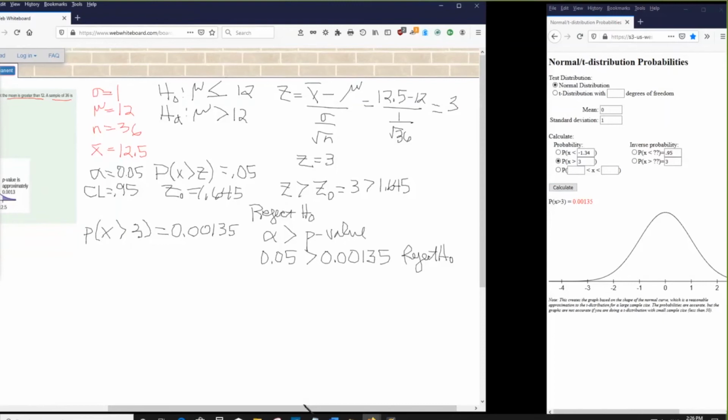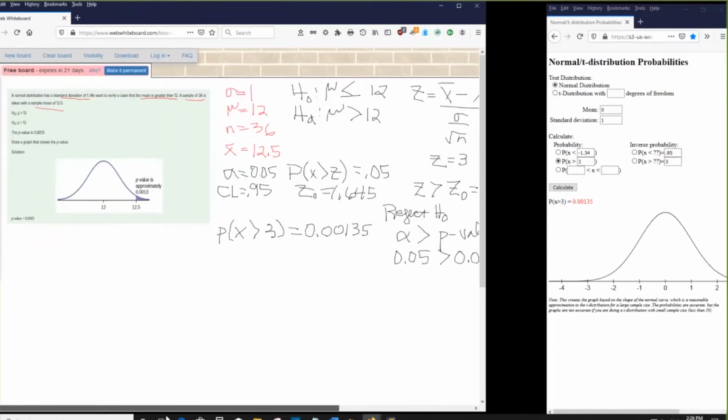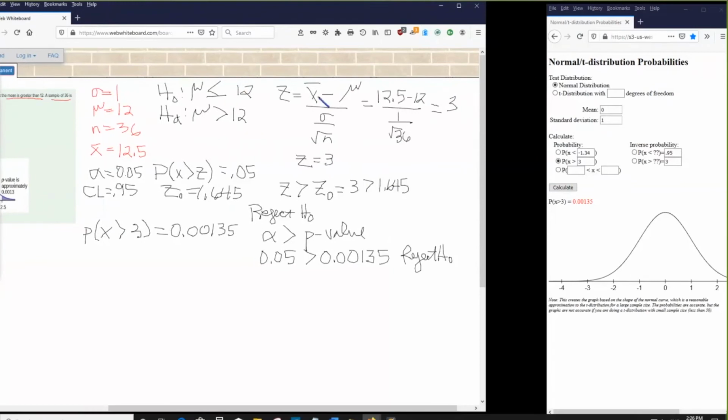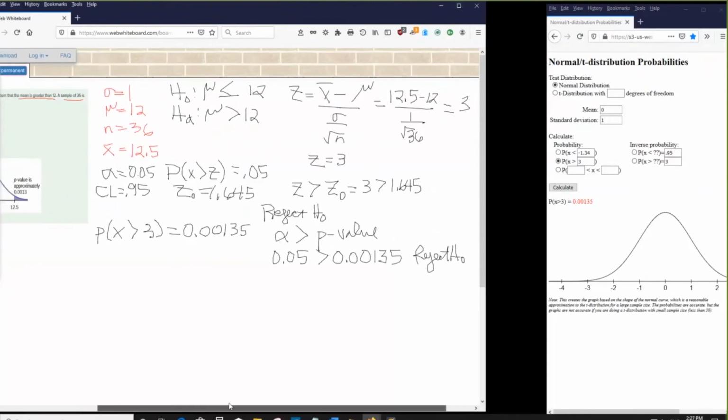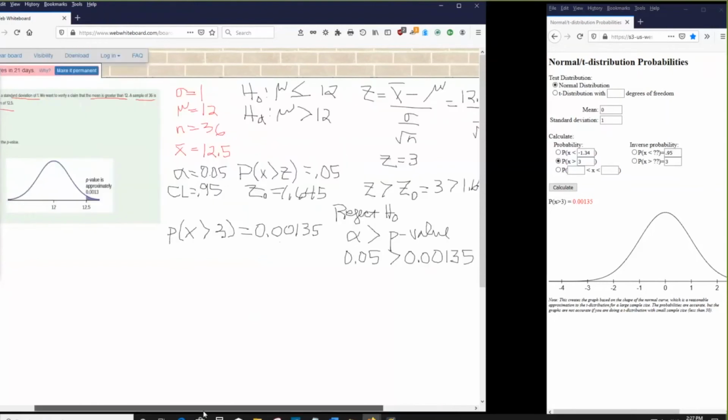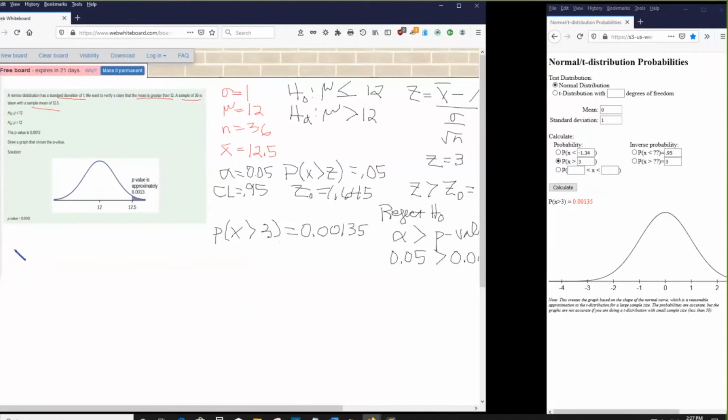Now, if you will notice, using the z-values and this formula is the official way to calculate your p-value, because you're using the standard normal distribution. But you could also calculate your p-value another way.